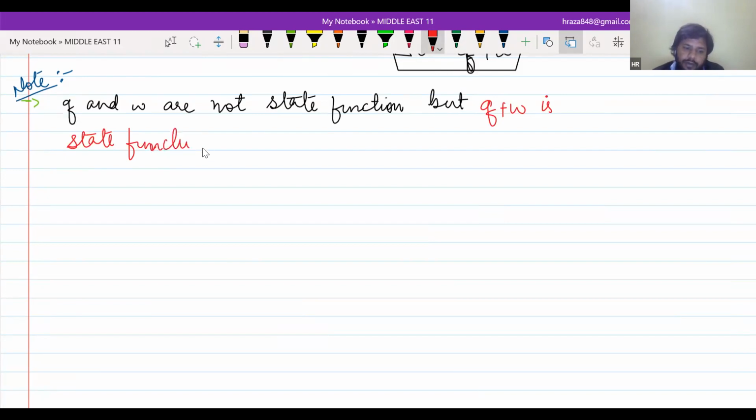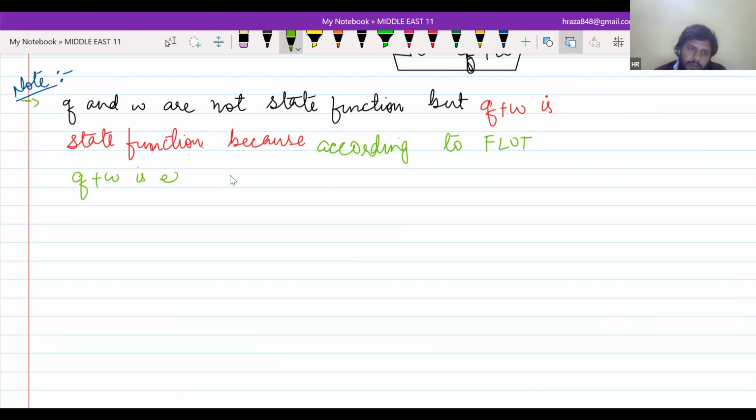It's very important to understand and know, because according to the first law of thermodynamics, Q plus W is equal to delta U, the change in internal energy, which is path independent.